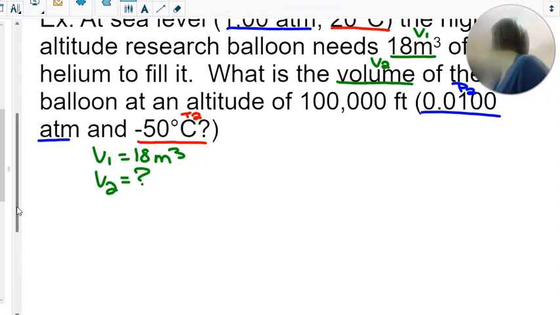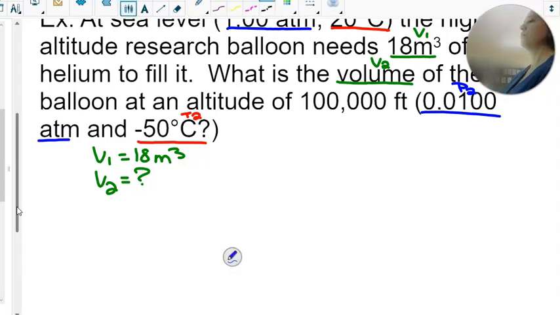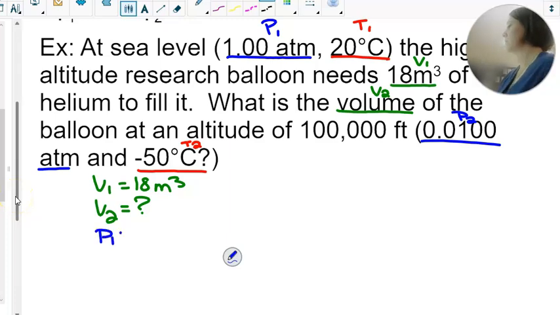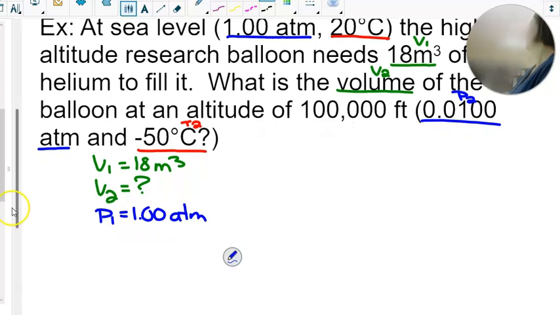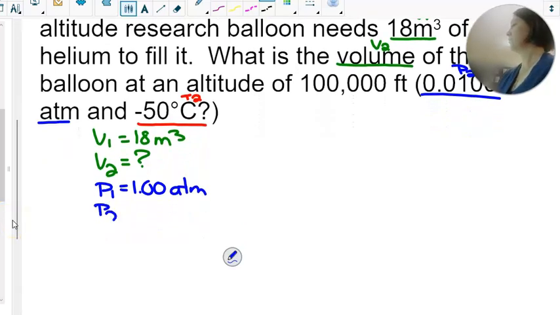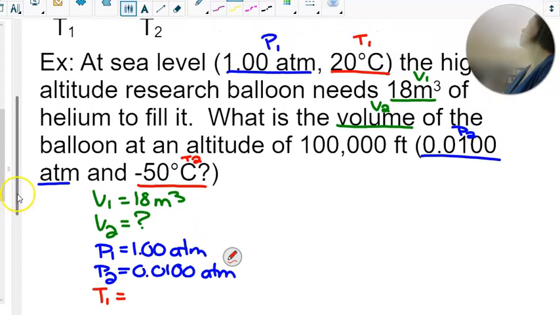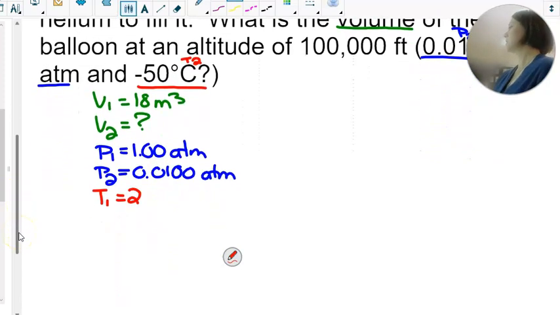Let's do pressure first, excuse me. Let's do P1 equals 1.00 atm and P2 equals 0.0100 atm, and then our T1 is equal to 20 degrees Celsius.